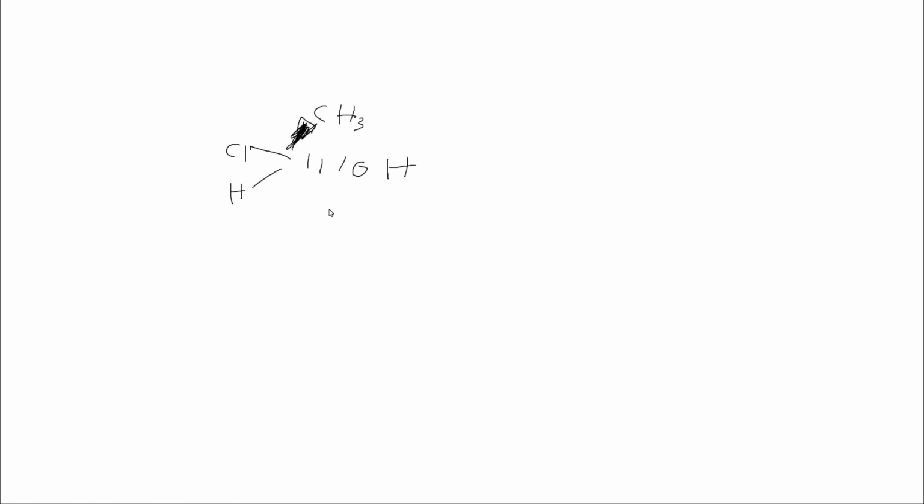Right now, you should pause the video and try to work this out on your own. This looks pretty bad, but this is a perspective formula. Try to convert this to a Fischer on your own, and then let's see how you did.